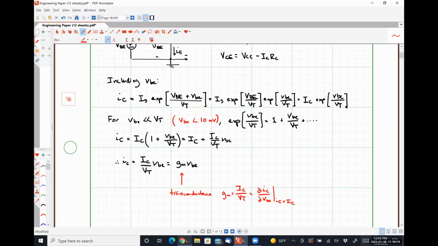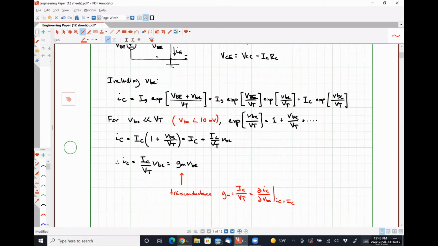This transconductance effectively tells us how good our BJT circuit is at converting an input voltage, lowercase VBE, into an output current, lowercase ic.